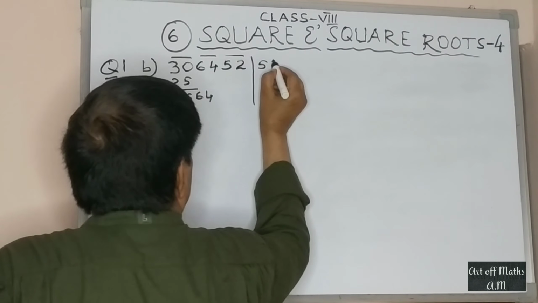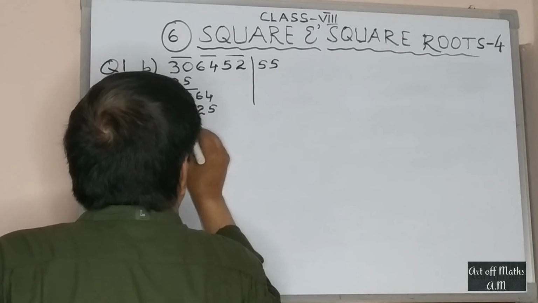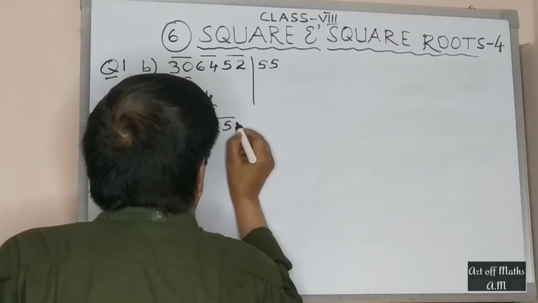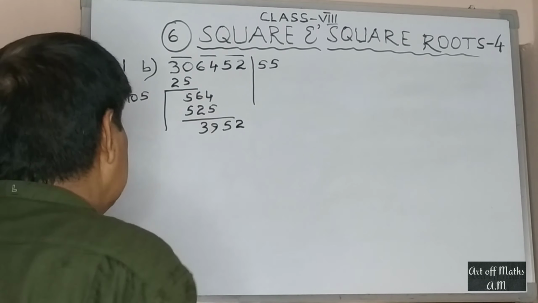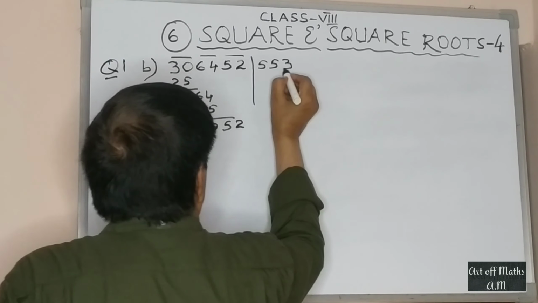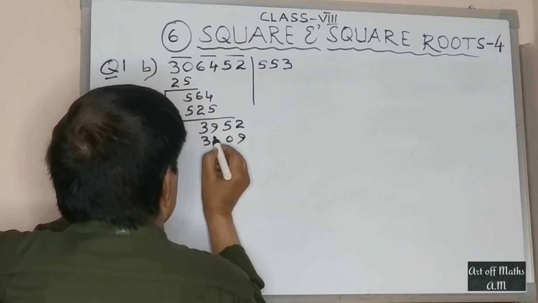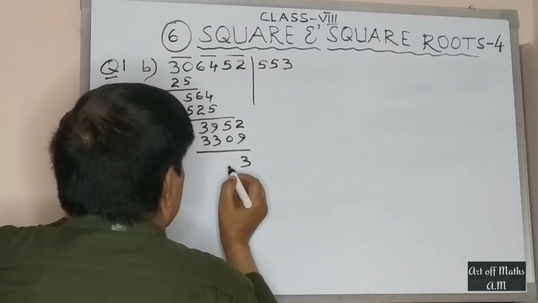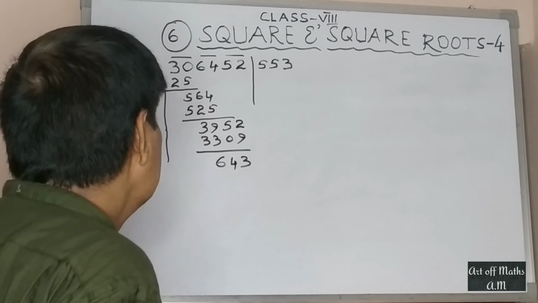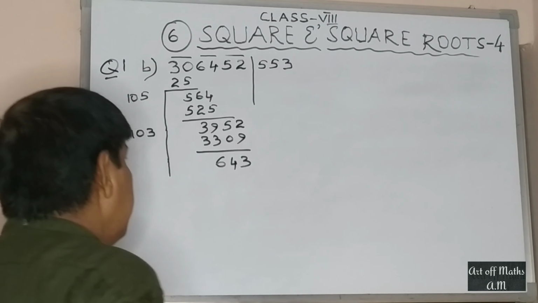Here 500, that means 5, 5, 5, 2, 5, that means 9, 3, 39, 52, 39, it will become 1103, 3, 0, 9, 33, 3, 4, 6, 43. Now this is the remainder.